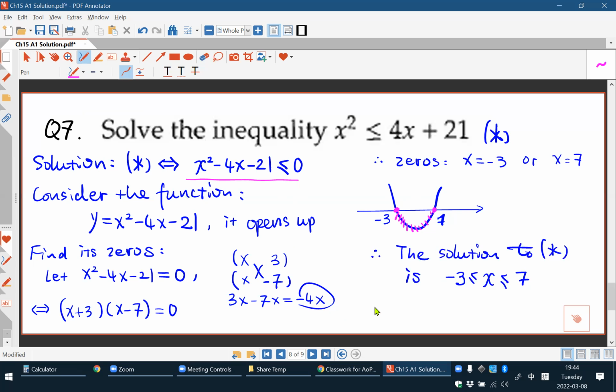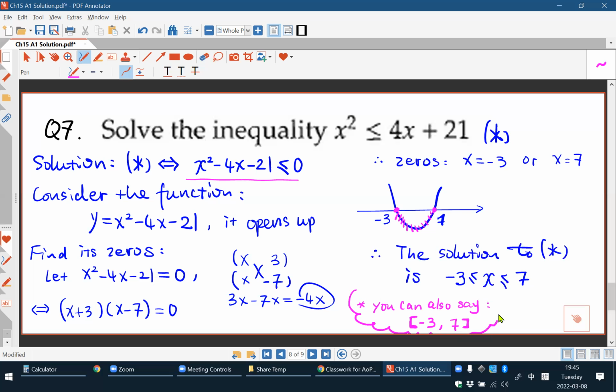Okay, and also, if you use the expression of intervals, you can also say x belongs to an interval from negative 3 to 7, right? Note here, if the boundaries are inclusive, we use this symbol, right?